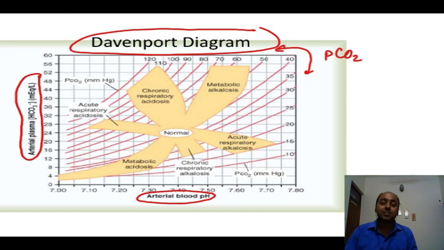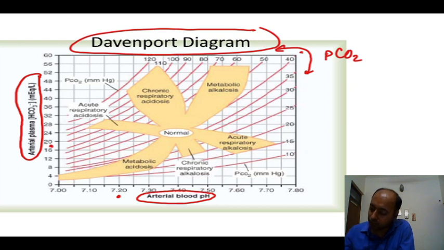Now, using these three parameters from a patient sample, you can put the dot wherever you get. For example, let's say the arterial blood pH is 7.2, the bicarbonate value is 18, and the pCO2 value is in the range of 40.